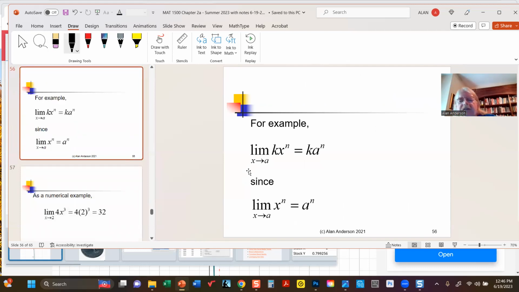And then if you have something like this, again, really all you're doing is substituting a into this. So let's say I had, for example, the limit of, oh, let's do this one.